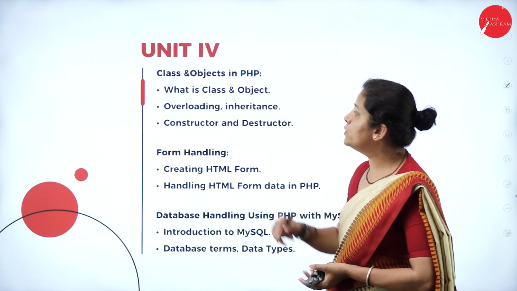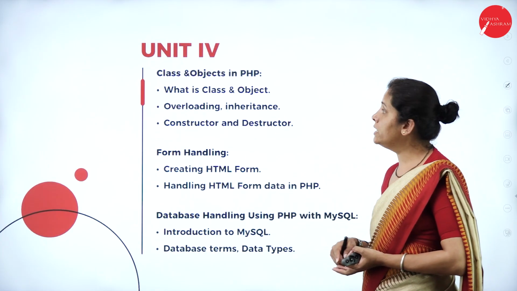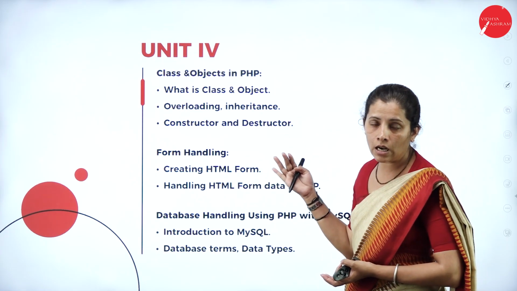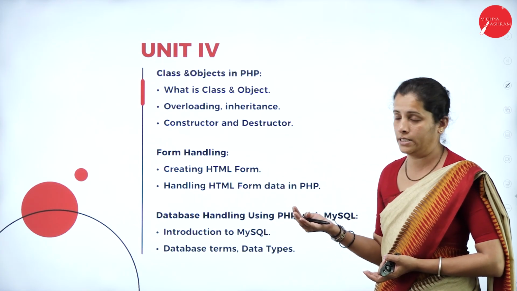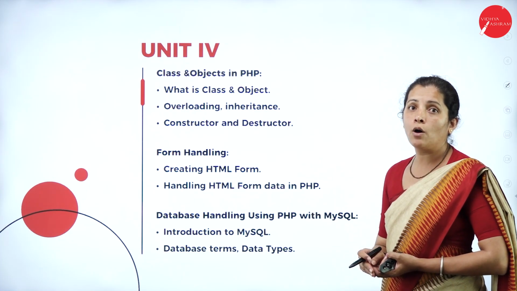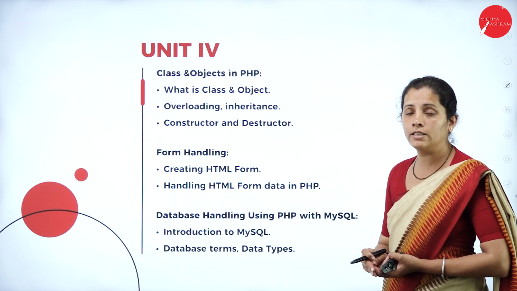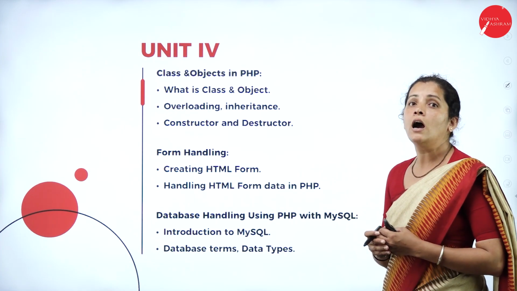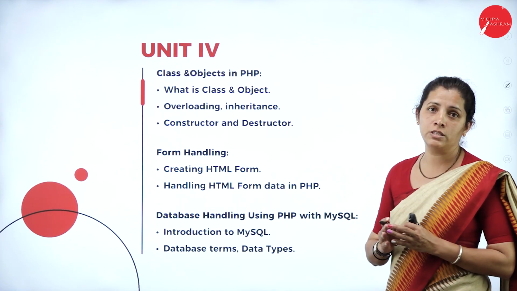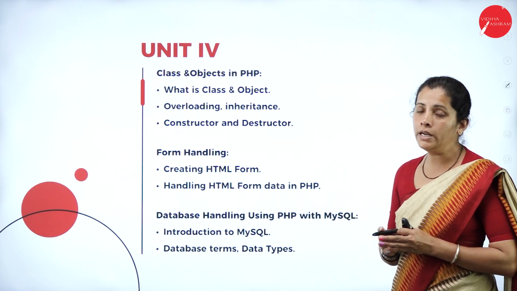Fine. If I consider Unit 4, we are going to deal with what is a class, what is an object, how to create a class, how to create an object. At the same time, we are going to study how to create a function, that is the member function, how to create methods. All those things we are going to study in our Unit 4.